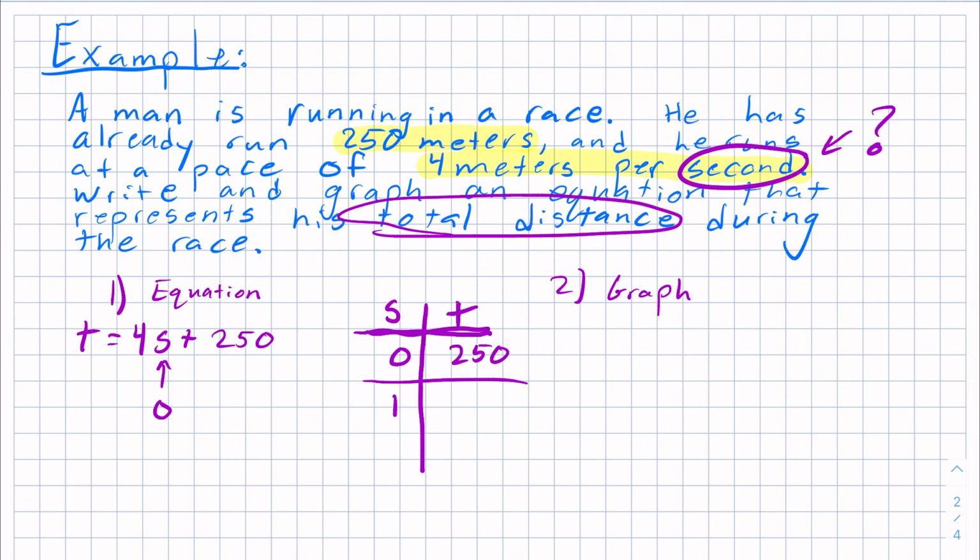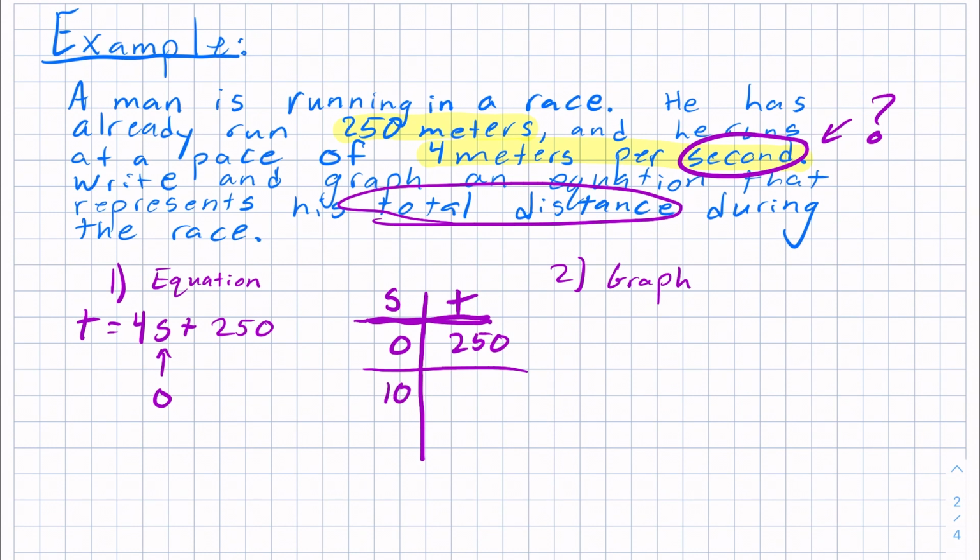Then if he runs for 1 second, let's not do 1 second. That's not very long. So let's do 10 seconds. If he runs for 10 seconds, then that would be 10 times 4, which would be 40 plus 250. So the guy would run 290 meters in 10 seconds.